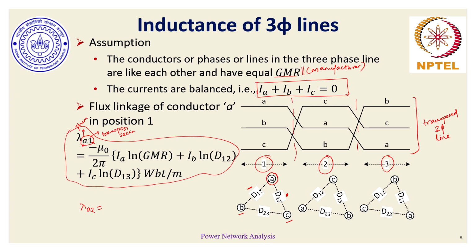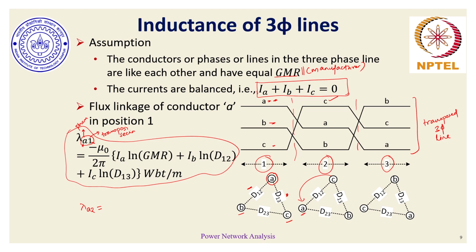In section 2, if you see, phase A has now taken the position of phase B, phase B has taken the position of phase C, and C has now taken the position of phase A. So a rotation or shifting of positioning has happened, and it is done in an anti-clockwise fashion.